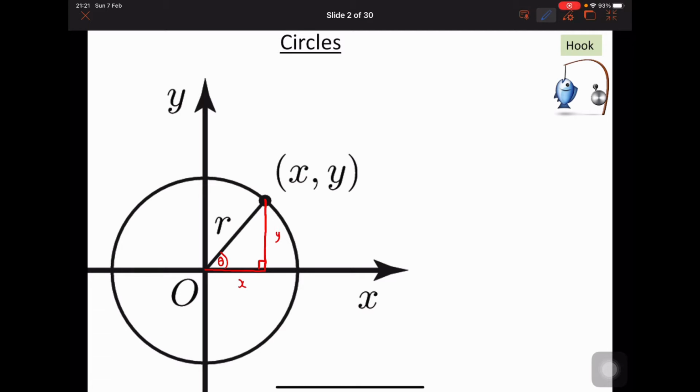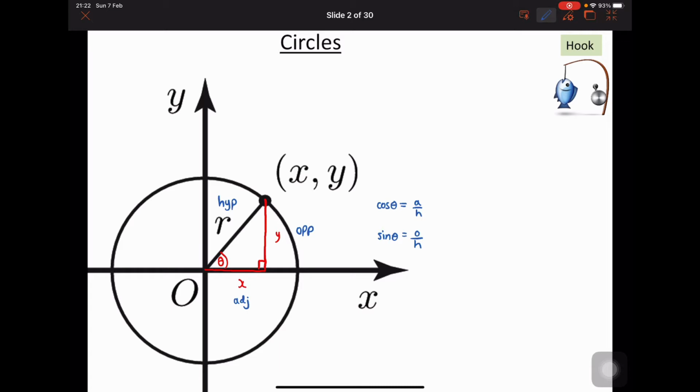Then we can say cos theta is adjacent over hypotenuse, and sine theta is opposite over hypotenuse. So let's just label this triangle. This is our hypotenuse, opposite is y, adjacent is x.